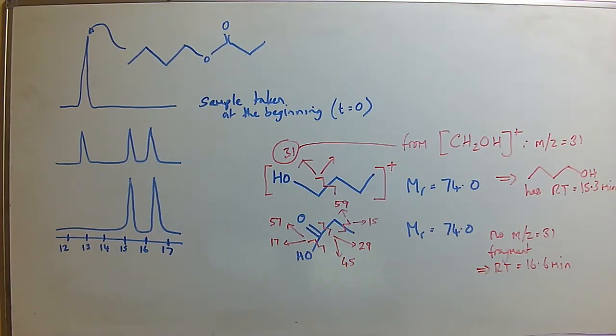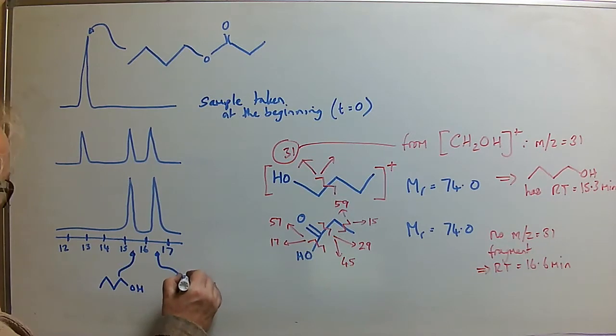And then it said, okay, comparing the retention times. So if we just mark those on here, the 15 is the butan-1-ol, and this one is the propanoic acid.